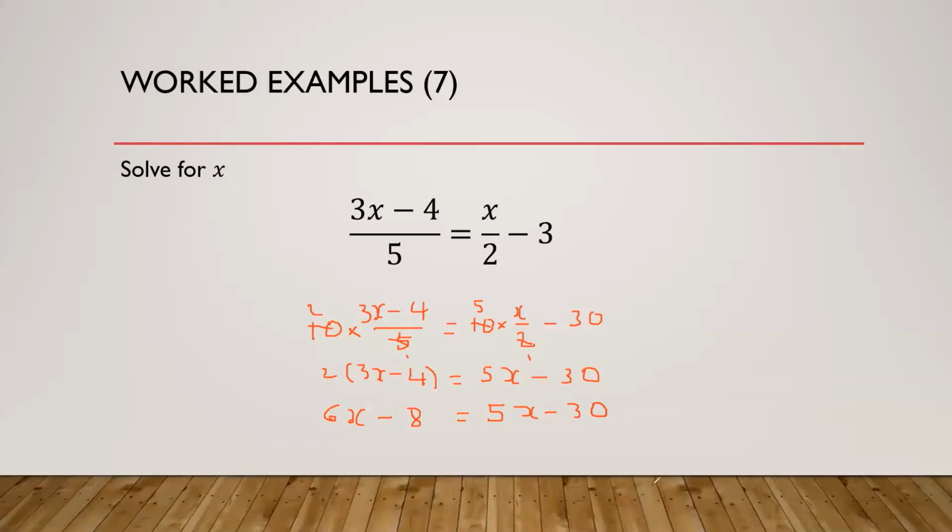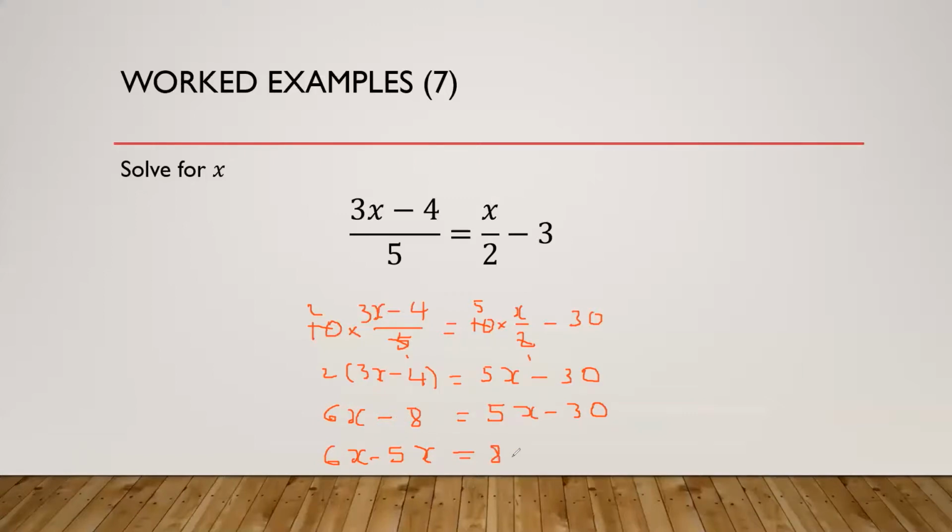Okay, so now we've got something that we can really work with. All the terms in x can go to one side, and everything else goes to the other side. So 5x goes to this side. That gives me 6x minus 5x. And then minus 8 goes to the other side and becomes 8.